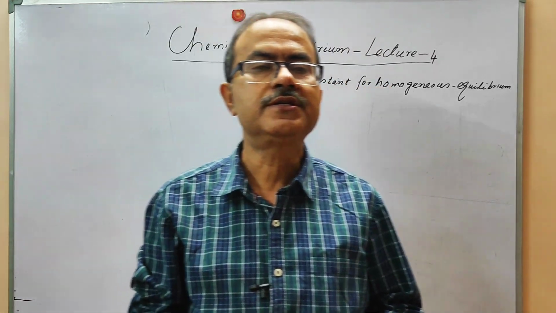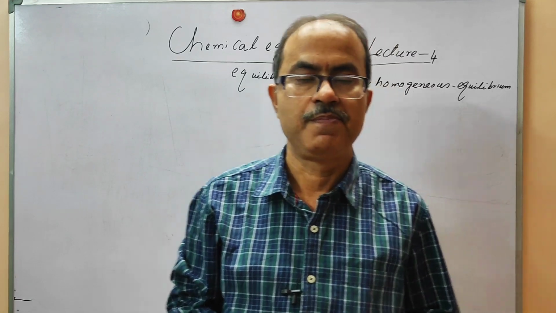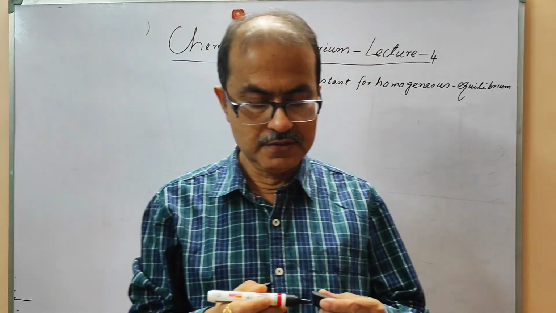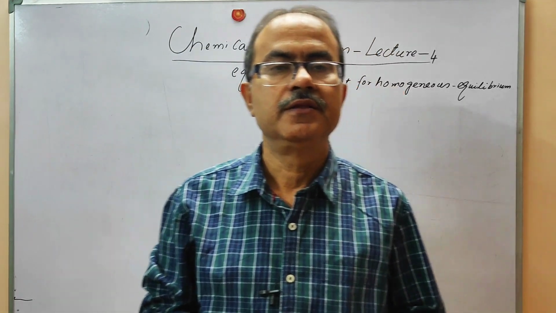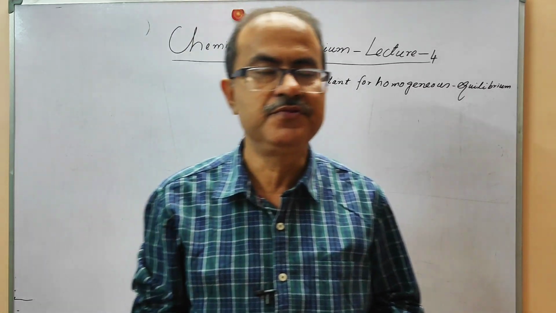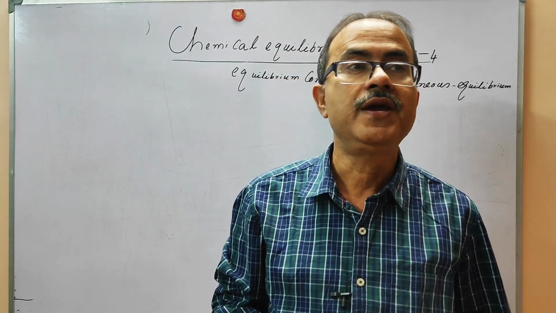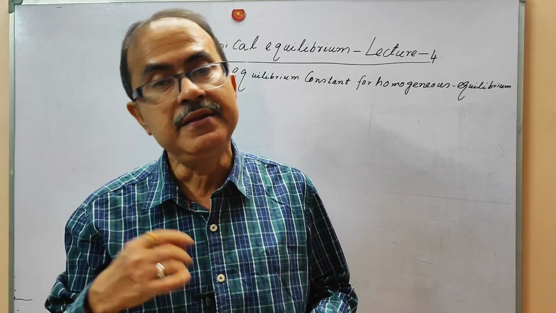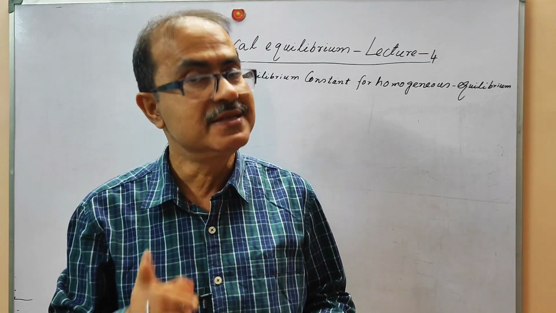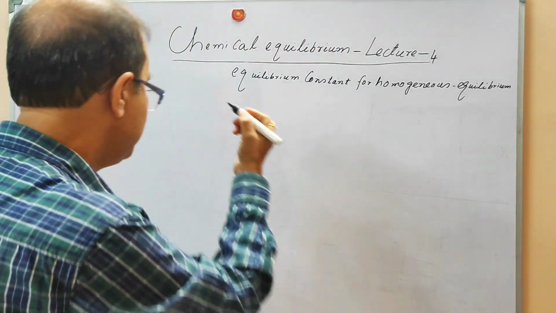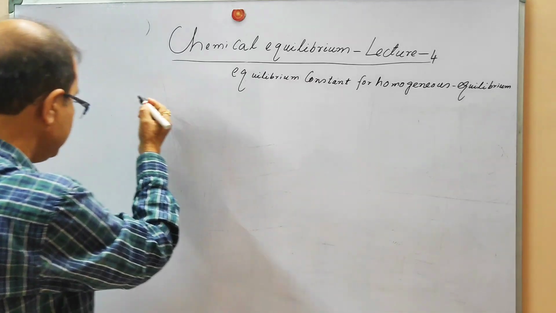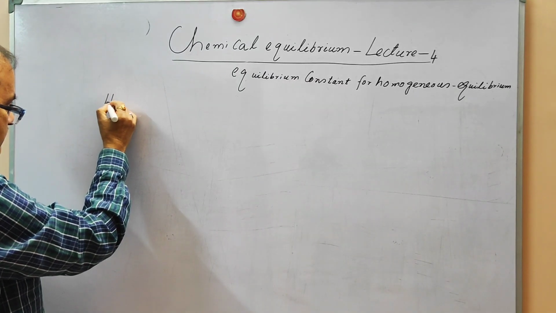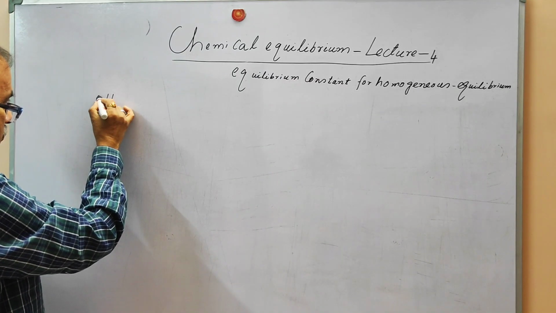What is homogeneous equilibrium? A homogeneous system means that the reactant and the product will be in the same phase. As for example, this is the gaseous reaction of hydrogen and nitrogen.